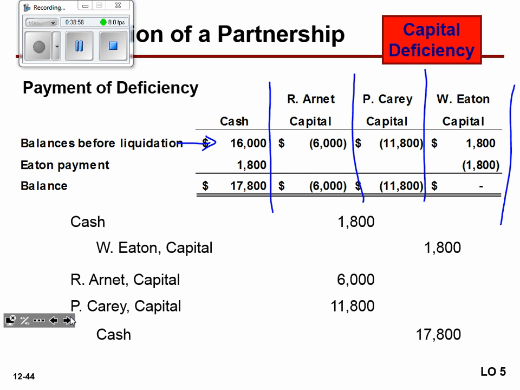Eaton has a capital deficiency of $1,800, so owes the partnership $1,800. Arnett and Carey have a legally enforceable claim for that amount against Eaton's personal assets. Note the distribution of cash is still made based on their deficiency or capital balances, but the amount will vary depending on how Eaton settles the deficiency.